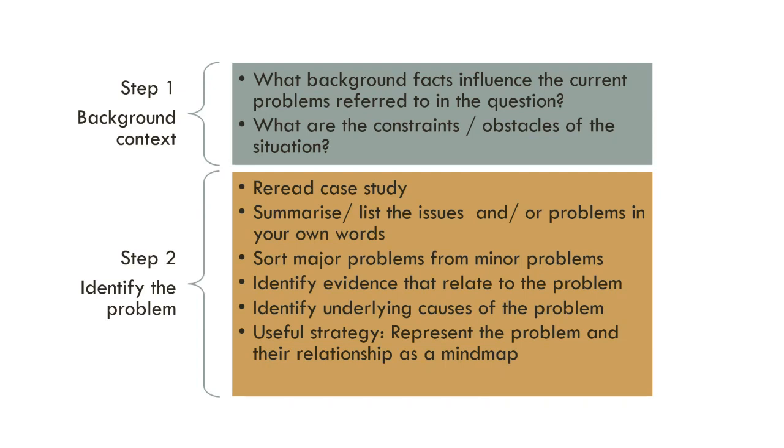Then you'll sort out major problems from the minor problems. After you have all these problems identified, now you go back and you look for evidence that supports each problem. Evidence that relates to the problems that's being addressed. You identify the underlying cause of the problem. It might not be in your case study, but then it will ring a bell, and then you say, oh, I remember this particular problem, socioeconomic problems in housing.